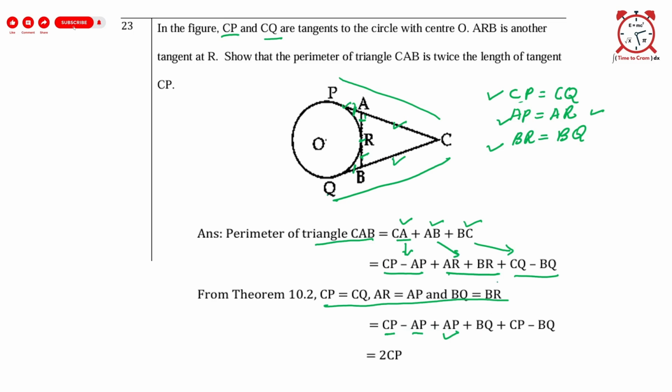Now BR equal to BQ, so we replace it by BQ, and CQ we replace by CP, and BQ we keep as it is because this BQ and this minus BQ will cut. So CP plus CP means 2CP. So the perimeter of triangle CAB is double the length of the tangent.